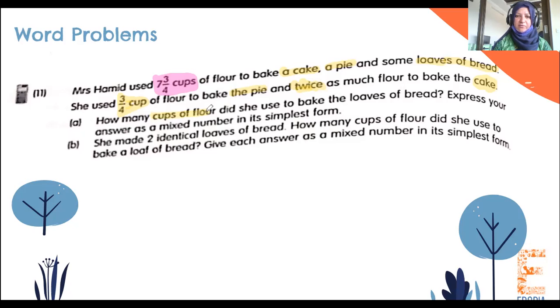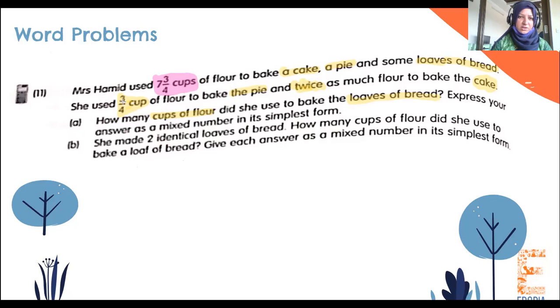That means the amount of flour is being asked from you. Express your answer as a mixed number in its simplest form. For now, we are just going to consider part A. So by using the information that is given to us, we can make a comparative model.